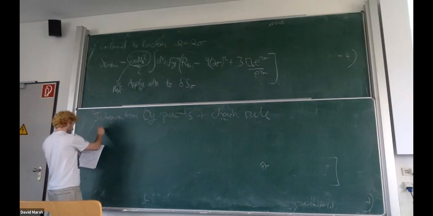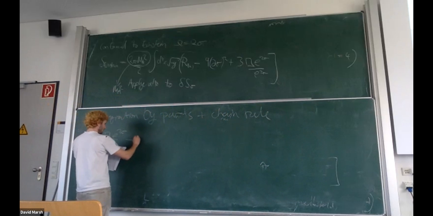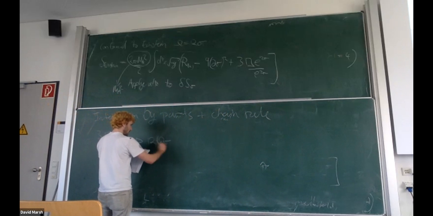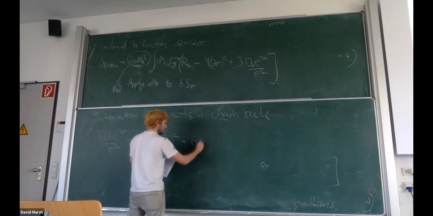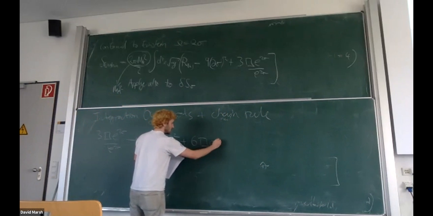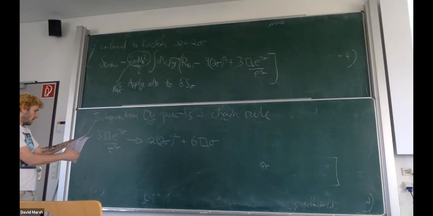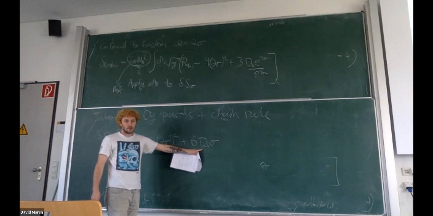For example, 3 box e to the 2 sigma over e to the 2 sigma can be written as 12 e sigma squared plus 6 box sigma. And this term is a total derivative, so this vanishes under integration by parts.